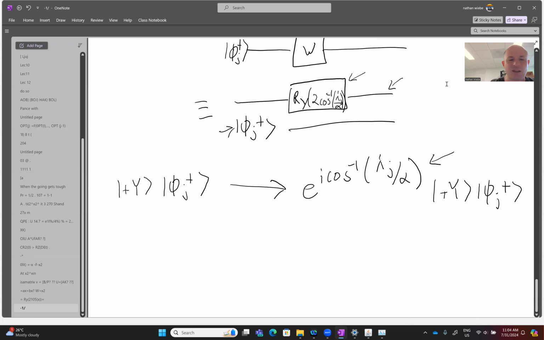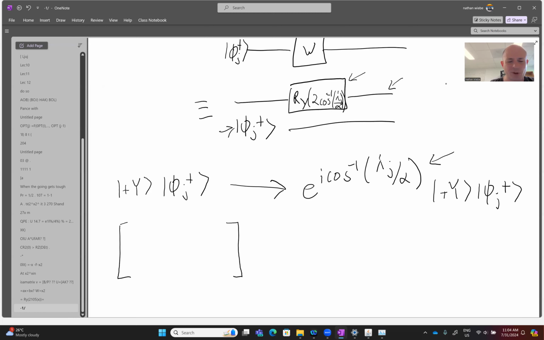What I'd like to do is get our matrix up here, which in this basis ends up corresponding to the following.